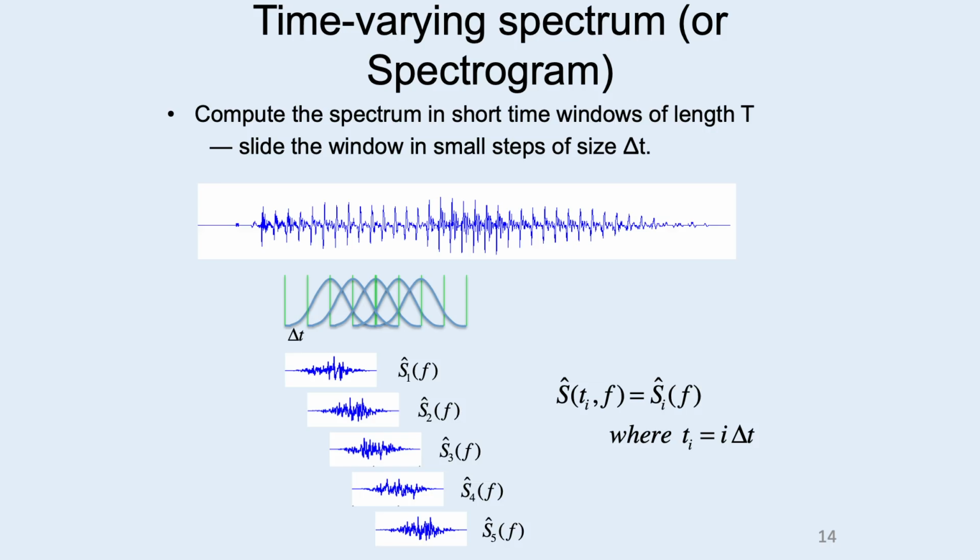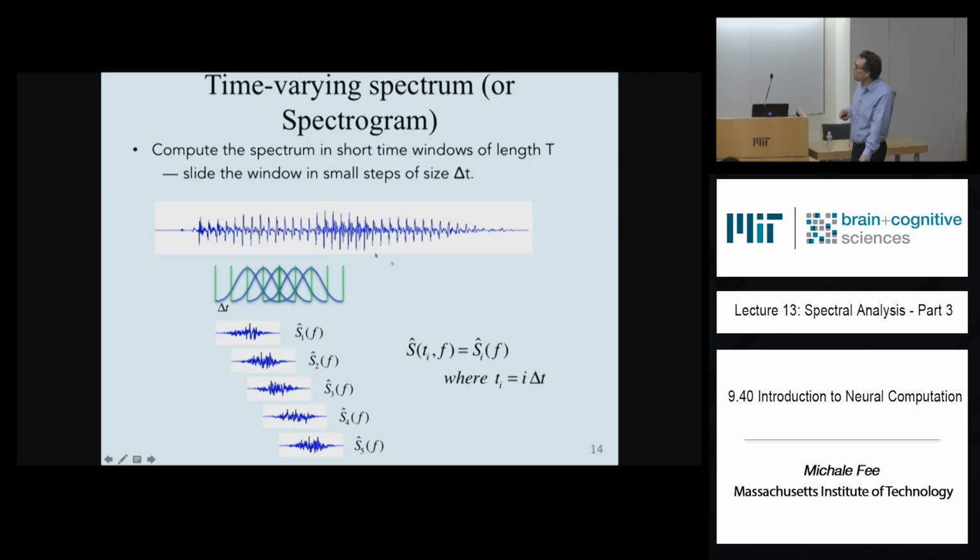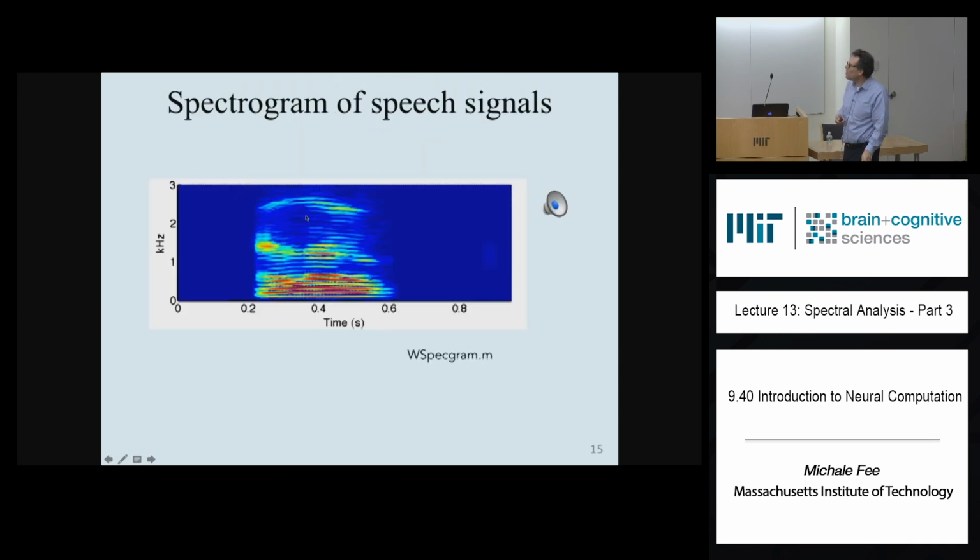Now you've got a spectrum that's a function of time and frequency. So each column is the spectrum of one little piece of the sound at one moment in time. Does that make sense? And that's where this spectrogram comes from.